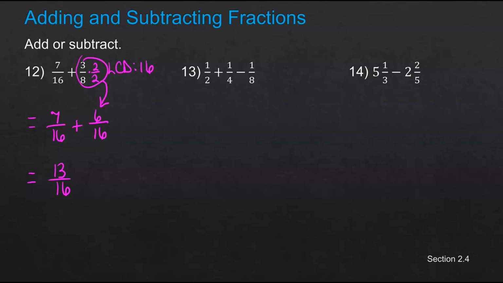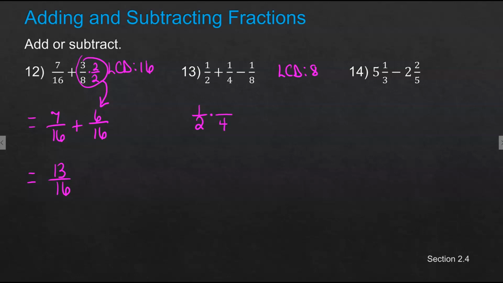Now let's look at the next one. So 1/2 plus 1/4 minus 1/8. 2 and 4 go into 8. So my LCD is going to be 8. Now I don't have to rewrite the 1/8. It's going to stay. But I do have to rewrite the 1/2. So it needs a denominator of 8.